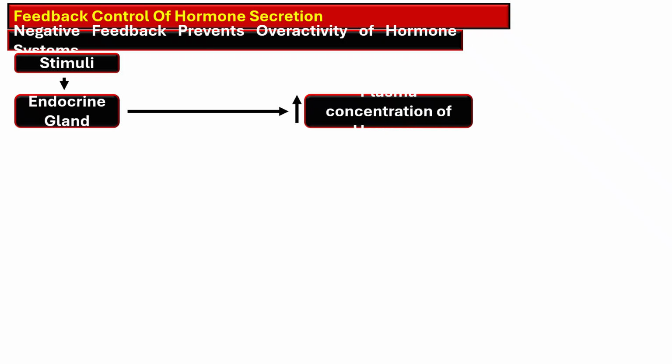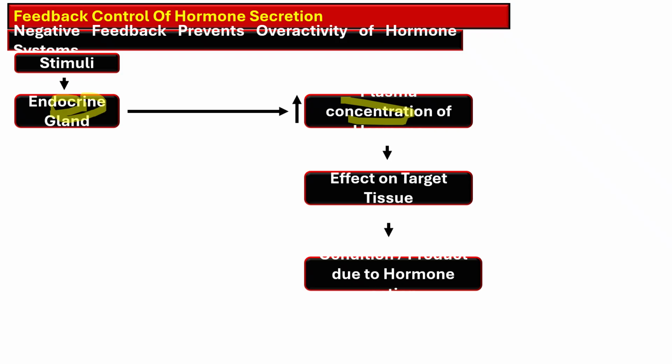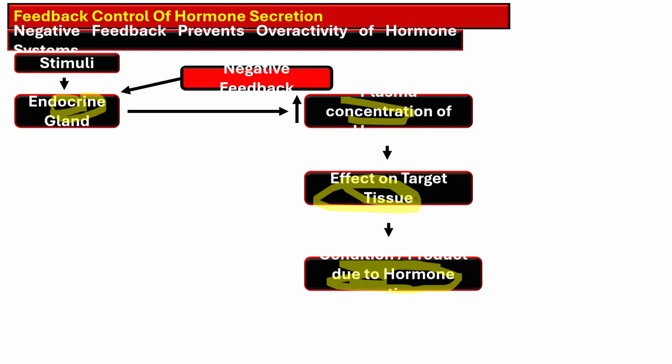So here you can see whenever an endocrine gland secretes a hormone, there is increased plasma concentration of that hormone, and an effect on the target organ is produced. Due to this effect, a product or condition due to hormone action is initiated, and this condition or hormone concentration may impart a negative feedback.